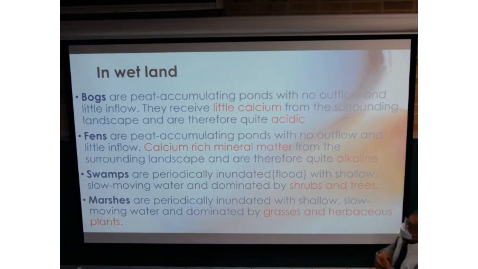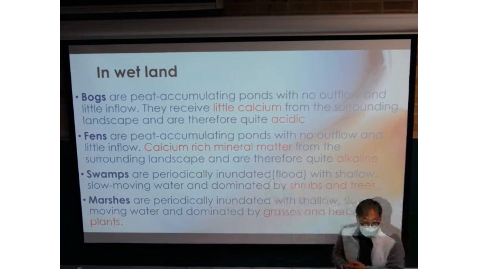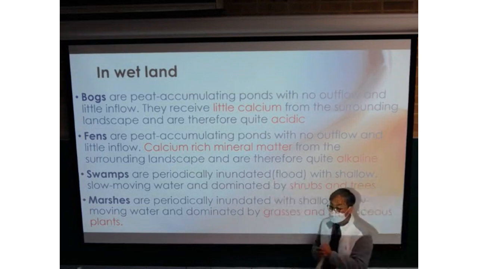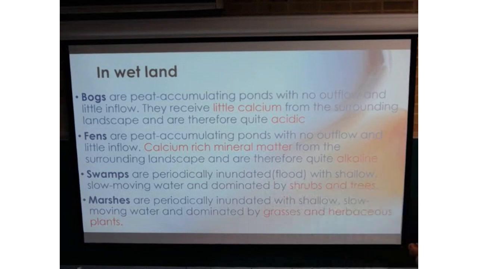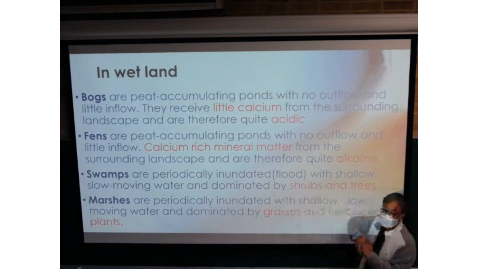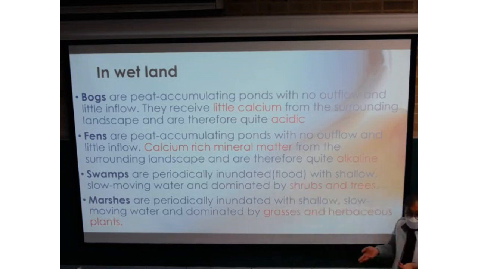So swamp and marsh are both similar. They both have slow moving water. However, what is the big difference between the swamp and marsh? That is the vegetation types.